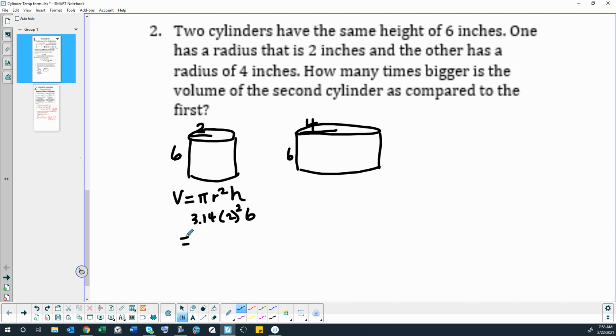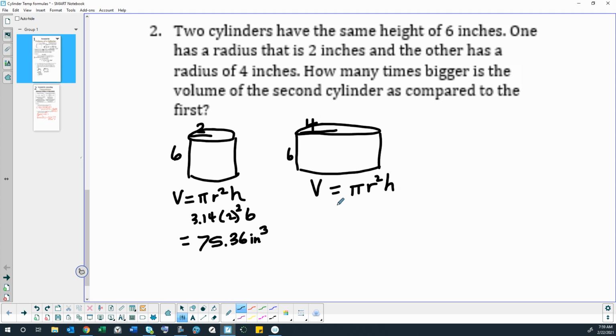Let's calculate that one. So 3.14 times 2 times 2 times 6. So for the first one, I get a volume of 75.36 cubic inches, right?